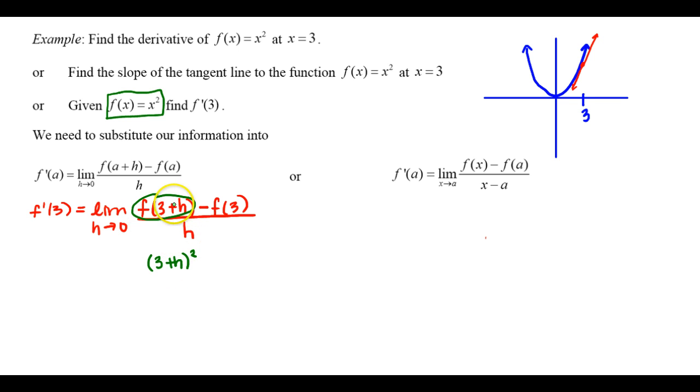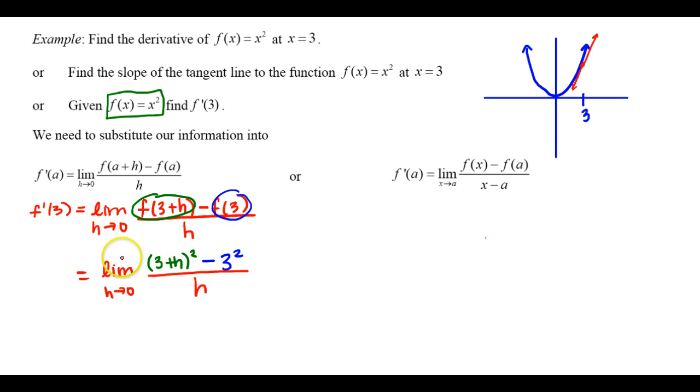So all I've done is take 3 plus h and plug it into x and square it. And then minus f of 3. So f of 3 means I'm going to take the 3 and plug it into the x. So minus 3 squared, and then the h just stays h, and we're still doing the limit as h goes to 0.